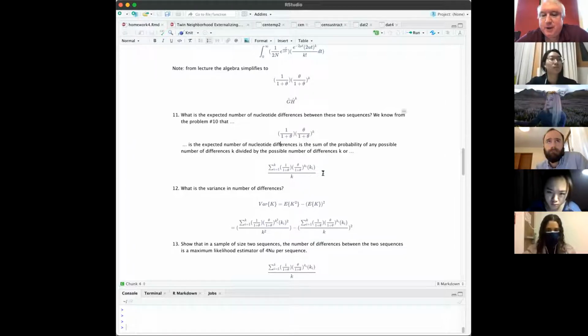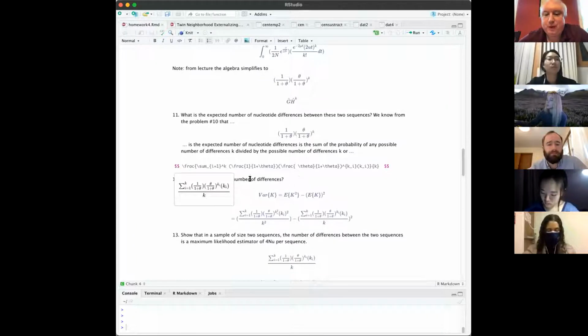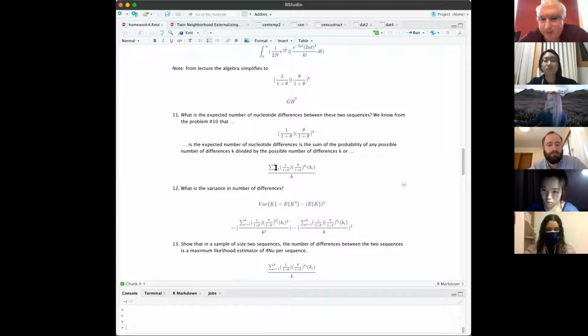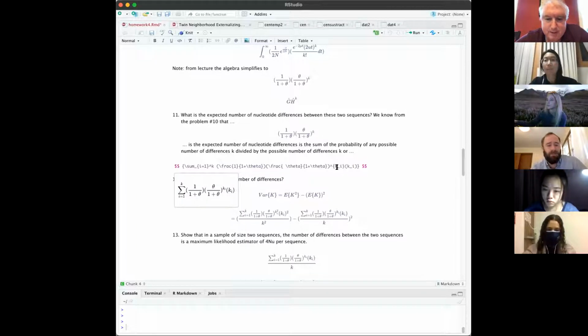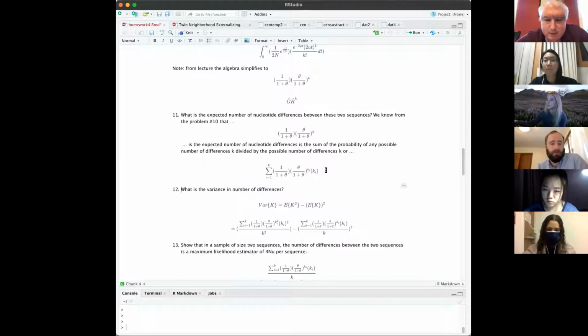The reason you associate dividing by k in an expectation is because you're used to a case where they all have equal probability. So there would just be no k there on the bottom. Oh, look at all that beautiful LaTeX, or something resembling LaTeX. So it would look more like this. Is that correct?